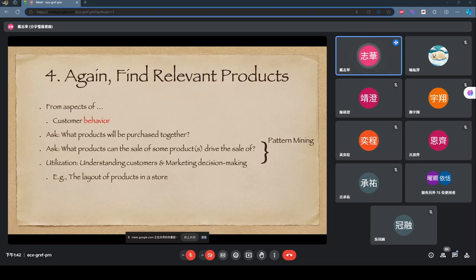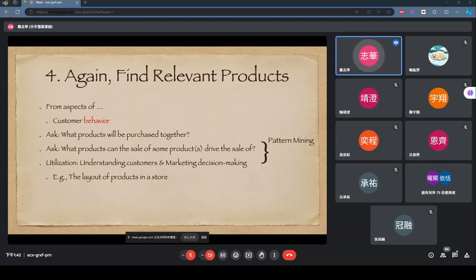Then a professional designer would suggest warm, light colors for your bedroom, something like that. They won't use a very strong, dark, and heavy color on the wall of your bedroom. That kind of concept.